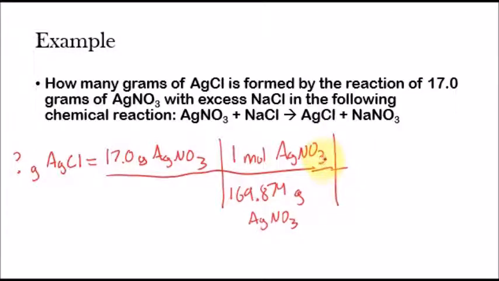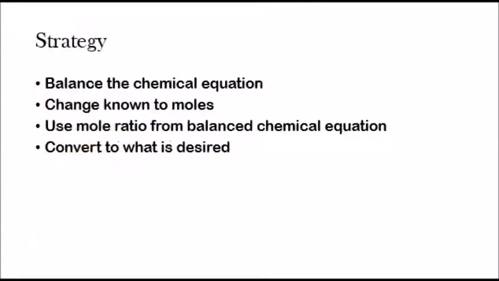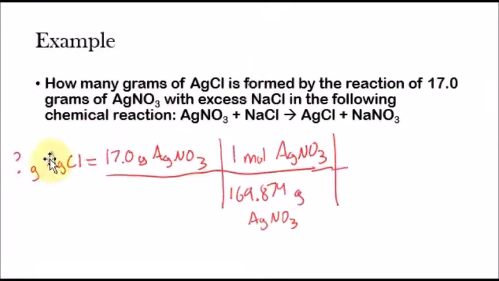So from here we use what's called the mole ratio. The question's asking us the grams of silver chloride, so let's look at what this reaction tells us. This reaction says 1 formula unit of silver nitrate reacting with 1 formula unit of sodium chloride is going to form 1 formula unit of silver chloride and 1 formula unit of sodium nitrate.